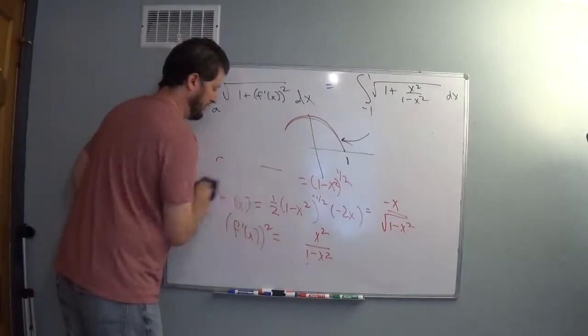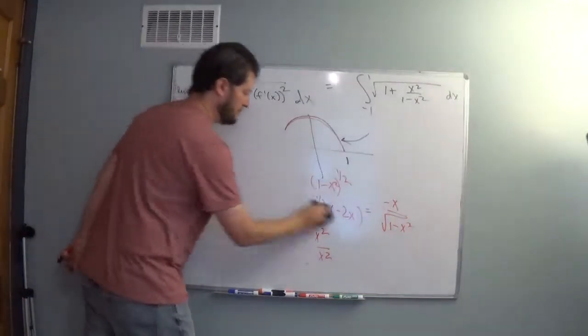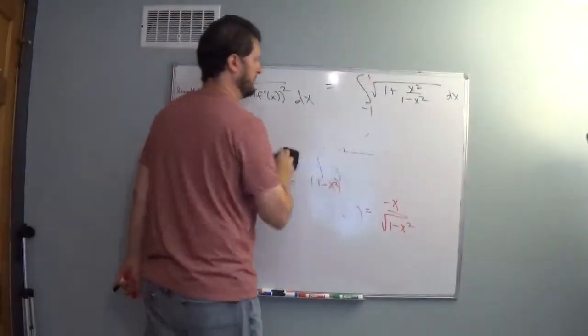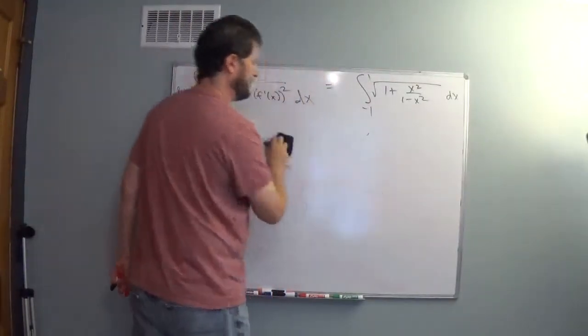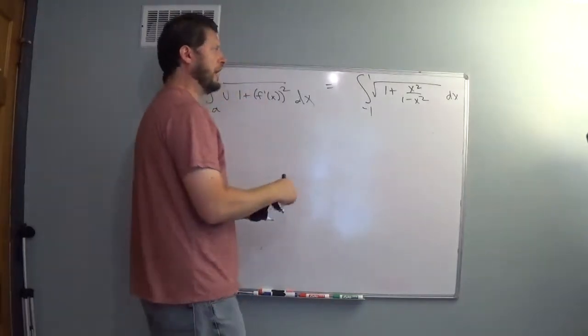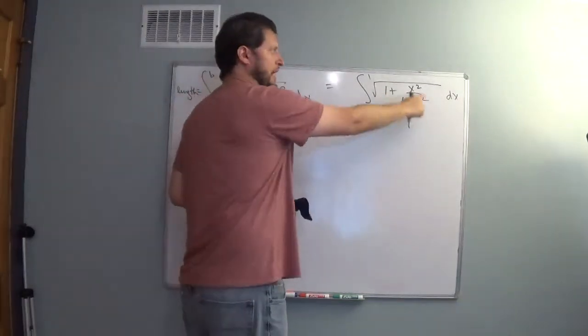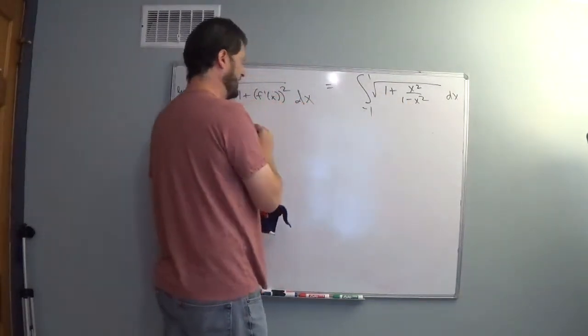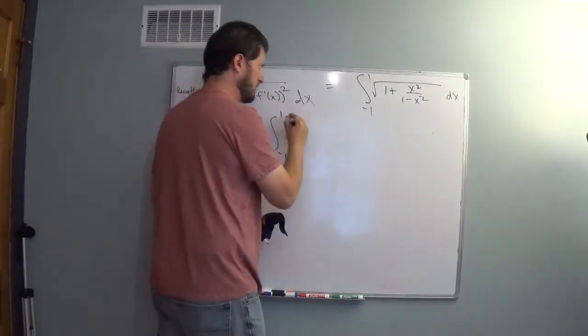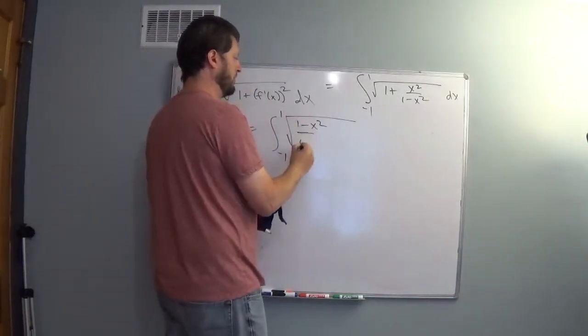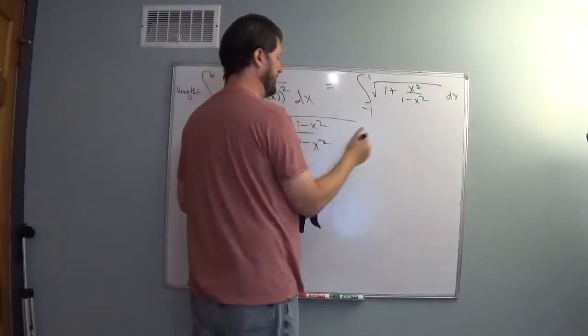Okay, let's see what happens. Let's do a little algebra. I want to add these two things up, so I'm going to turn 1 into 1 minus x squared over 1 minus x squared so that these two things have a common denominator.